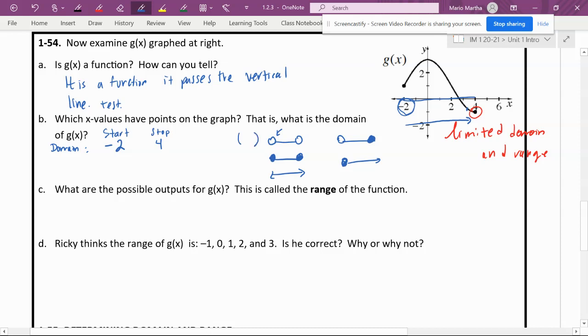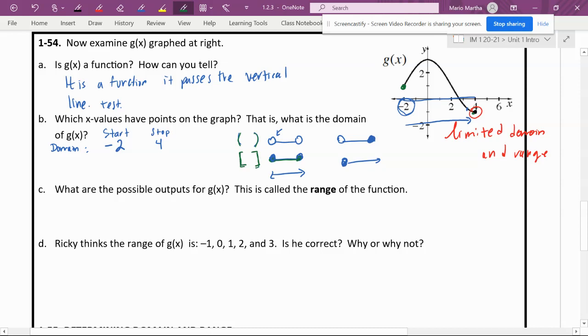And then if you see the closed circle or closed dots at the ends, like we see in this one, we use what we call the closed brackets in math. This is all notation, so make sure you are taking clear notes of this. Open parentheses, which means the open circle, mean you do not include the endpoints. The closed brackets mean you include the endpoints.